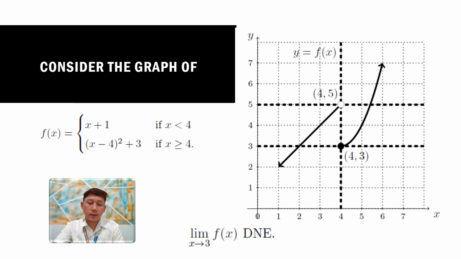Let's have another example of a graph of this function. So this is our graph of the function. x plus 1 will be a line, but since we limit the domain of our function to x less than 4, it will be a hollow point.